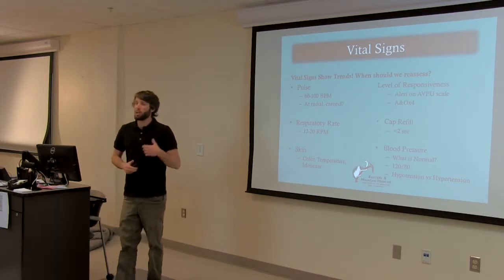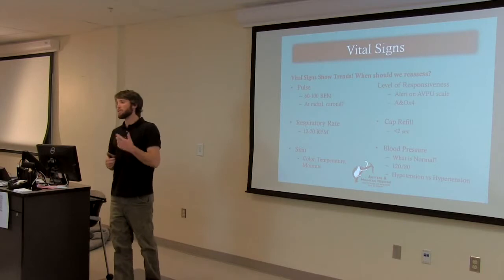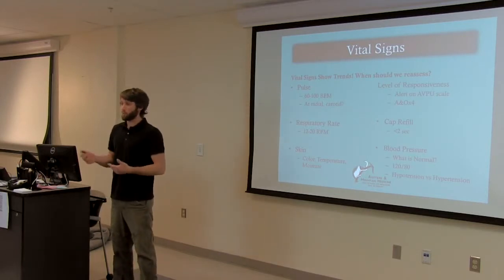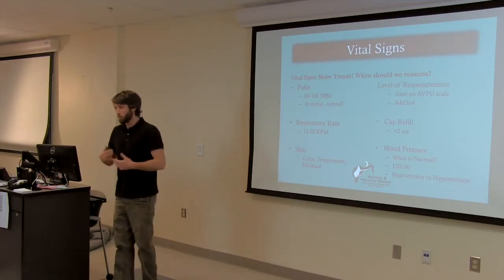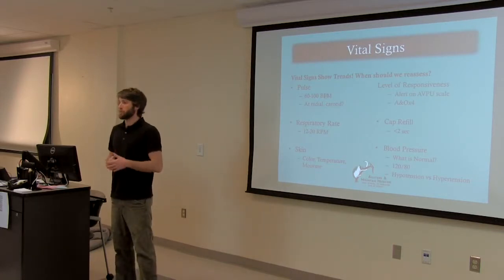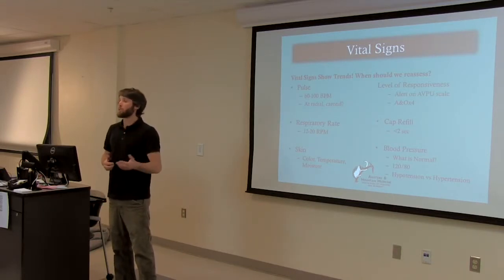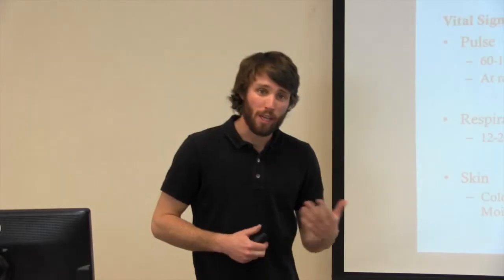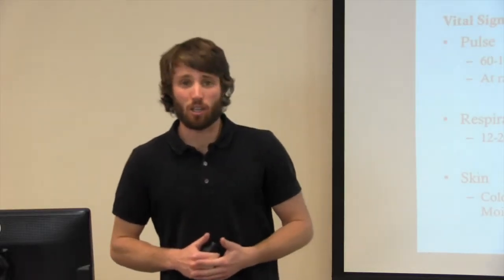So in general, we consider blood pressures to be low if they're outside of kind of our normal limits. When we look at a blood pressure, we're looking at two numbers. We're looking at the top number, which is called our systolic blood pressure, and that's the 120 in the 120/80. The 80 is what we call the diastolic pressure.